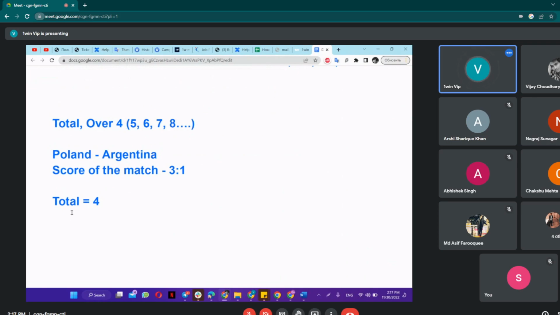What will happen in case the total of the real match, Poland-Argentina, becomes 4? Again, we're calculating the bet, we're standing on the client side. By having exactly the same total in the bet of the client and in the real match total, the client will simply receive a refund of the bet amount, 100% of the bet amount.